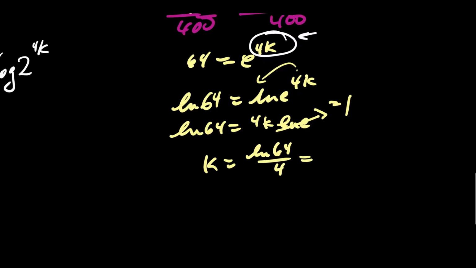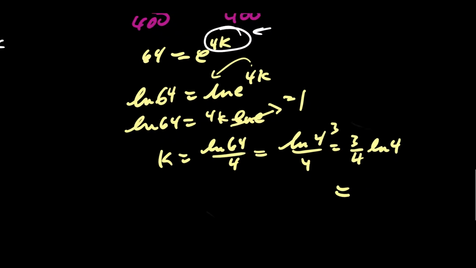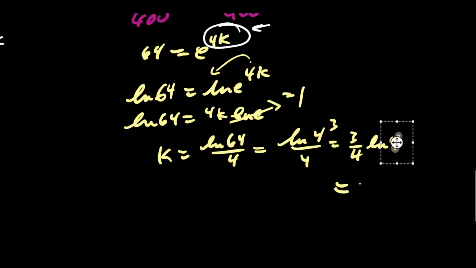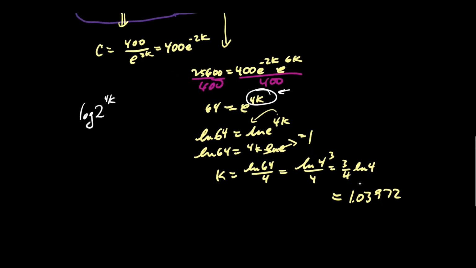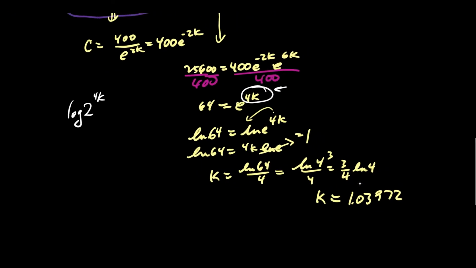You can make this natural log of 4 to the third over 4, and then make this 3/4 natural log of 4, or you can just find out what that is, and it's about 1.03972. So there's a couple ways. Once you have k, now we can go back up to what c was, and we can plug it in.